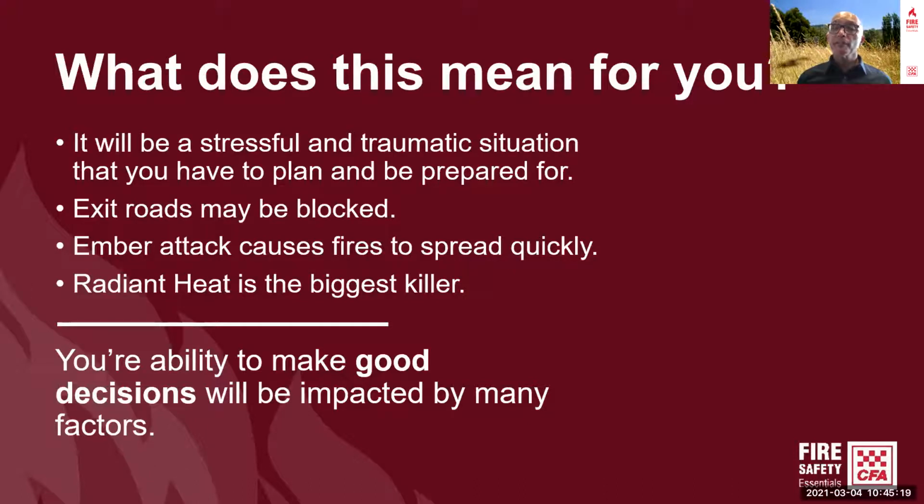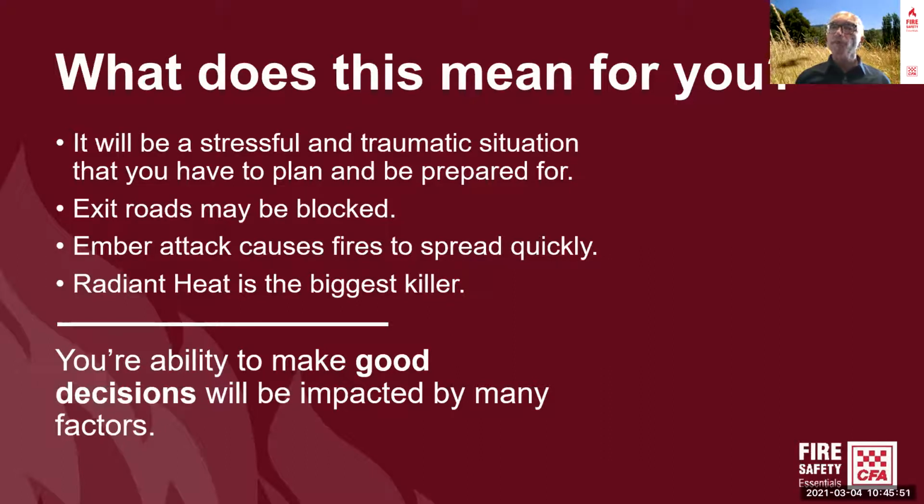Up until now, this presentation has talked about the very stressful and traumatic nature of fire, the necessity to have a plan and to be prepared for something that you know a bit more about, and understanding that if you do leave late, there may be roads that get blocked both for entry and access. You've got a better understanding now of embers and how they can be extremely damaging when it comes to property loss and the need to have a property that reduces ember risk.